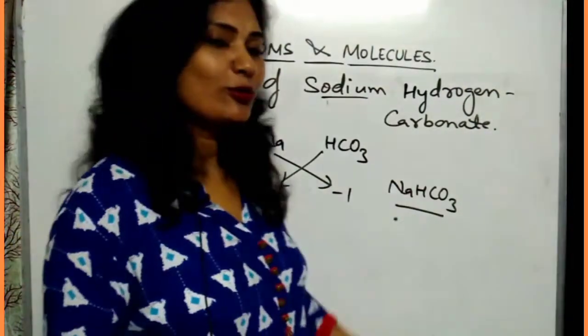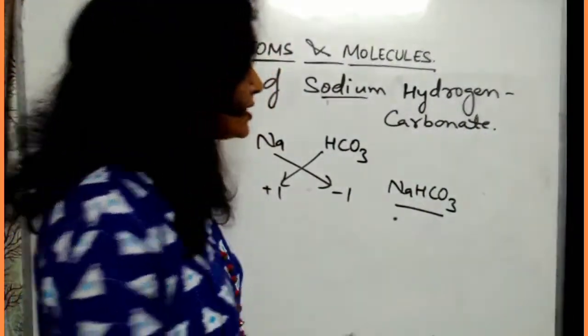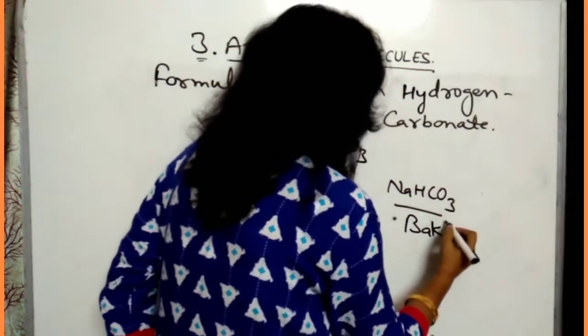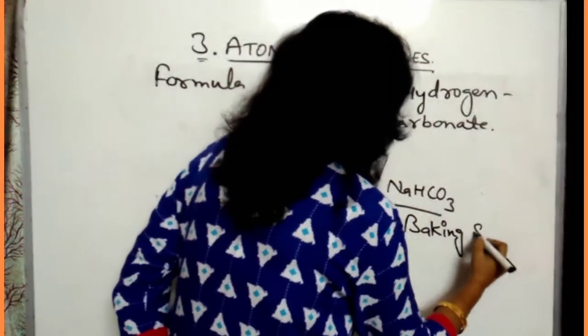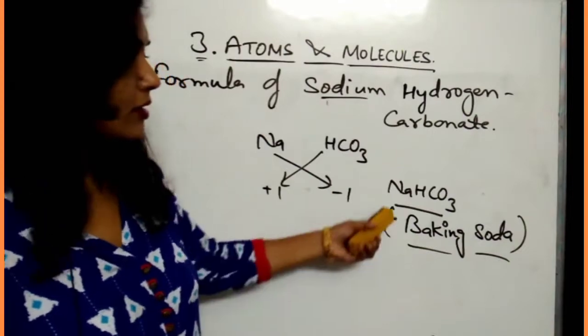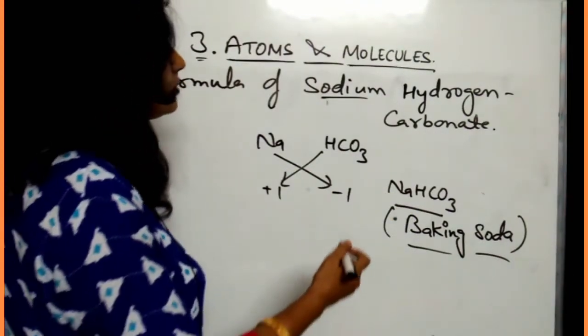Actually, sodium hydrogen carbonate is also known as baking soda. Baking soda is the common name of sodium hydrogen carbonate. NaHCO3, this is sodium hydrogen carbonate.